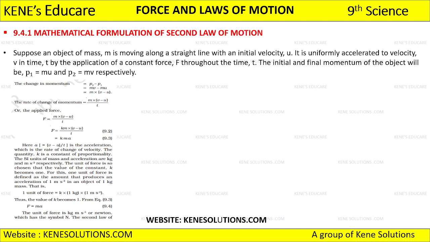That is, 1 unit of force will be equal to k, the constant of proportionality, into 1 kg into 1 meter per second square.